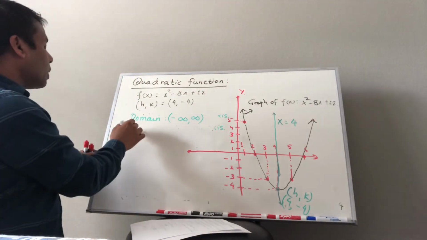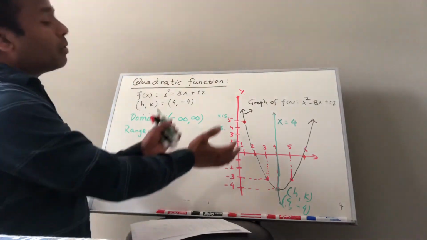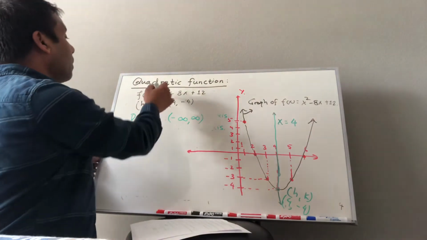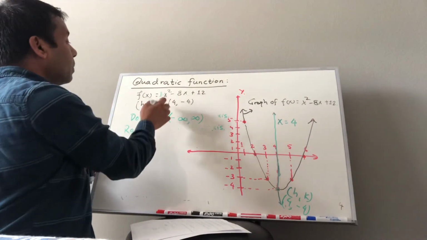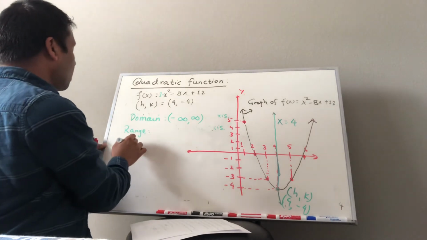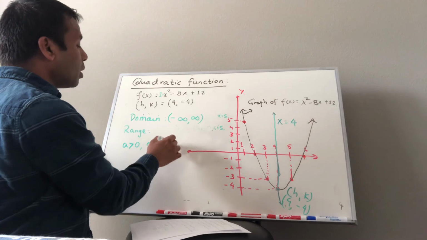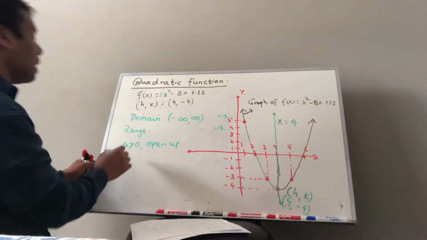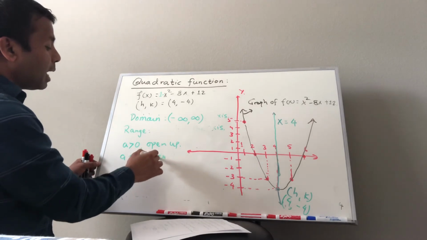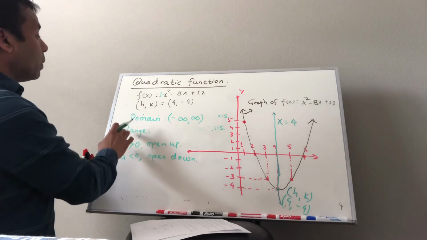And if you want to find the range, keep in mind, if the value of a is positive, the parabola opens up. If the value of a is negative, the parabola opens down.